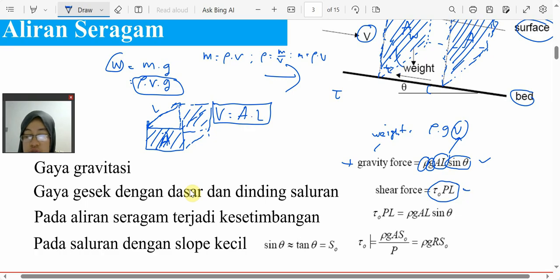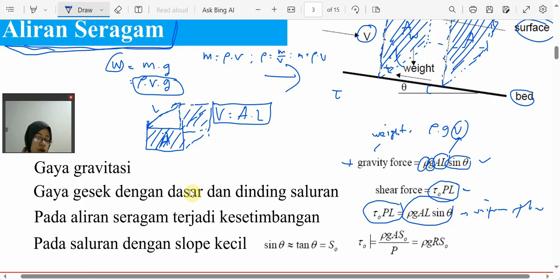In uniform flow, there is a balance between the gravity force and the shear force. When the shear force and the gravity force are balanced, that creates uniform flow. So the shear force is equal to the gravity force. This is the uniform flow.